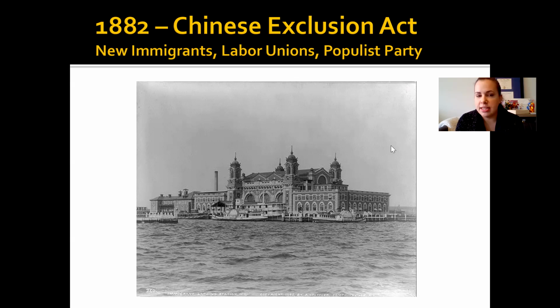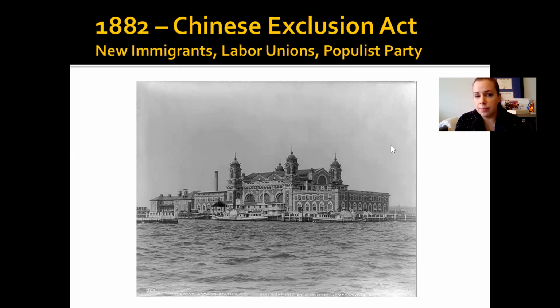However, in the 1870s and 1880s, we see a new set of immigrants coming into the United States. Many of these people are coming from Southeastern European countries. So countries like Italy or Poland, different areas where the culture is different than Western Europeans, which makes the current United States people other them because they are different types of immigrants.